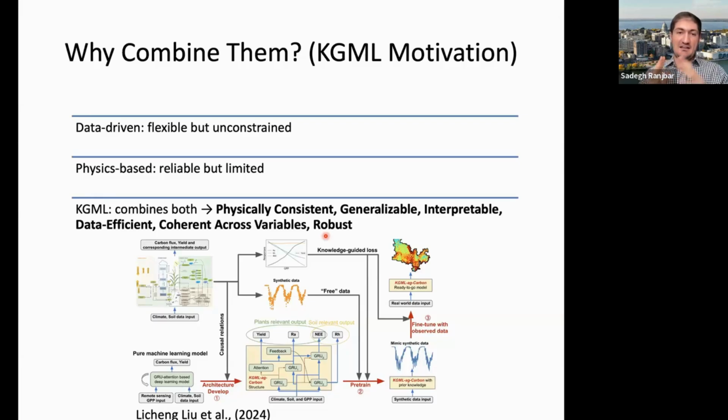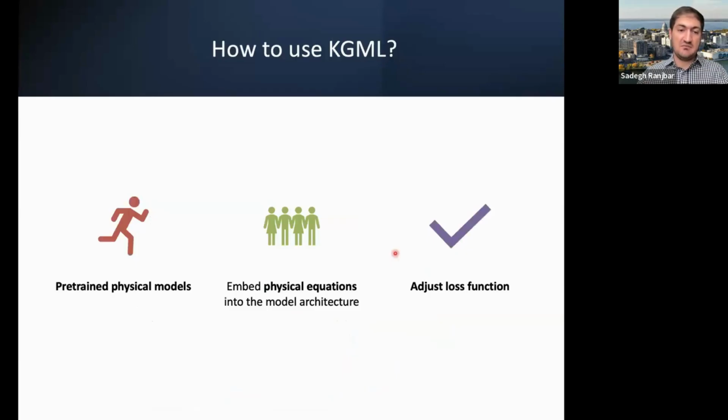Before going through that, let's start with how we can do KGML. The KGML can be done in three different ways that I've studied. In these three ways, we can add knowledge or physics into the data-driven models.